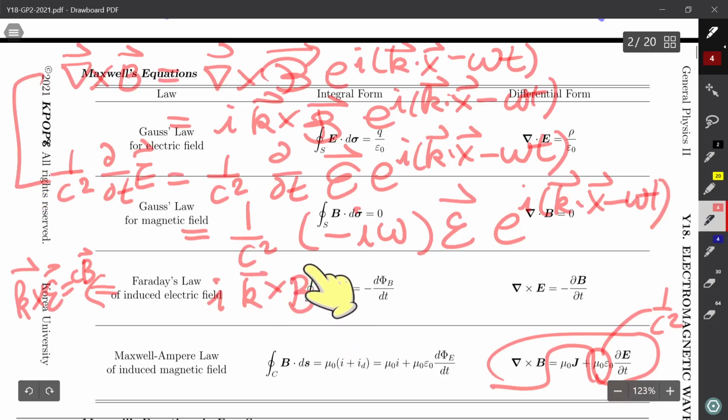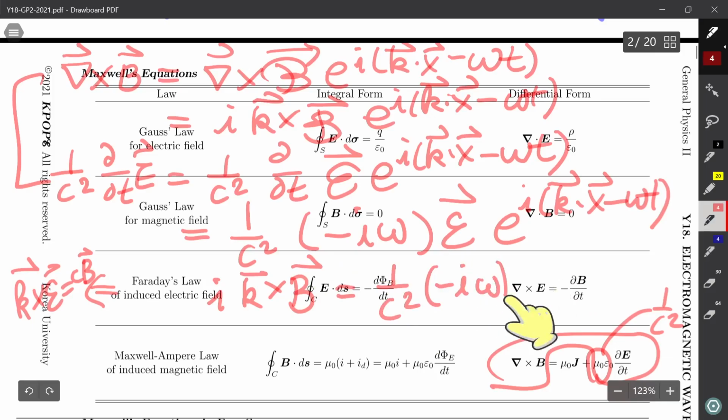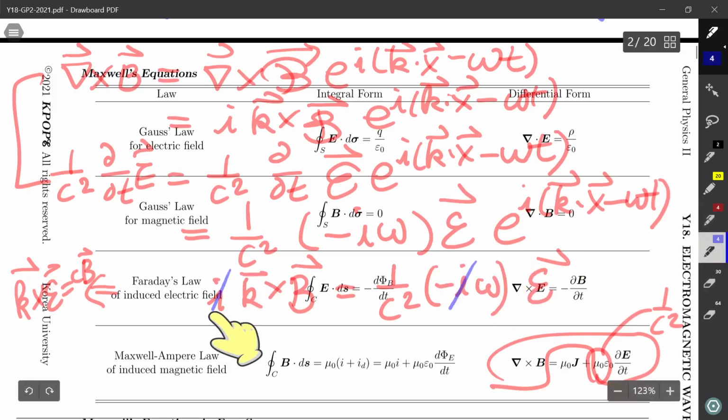Comparing these two, i cancels, and with the minus sign, if we exchange the order, we can remove the negative sign.